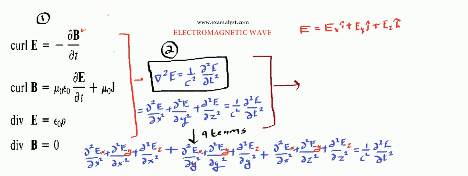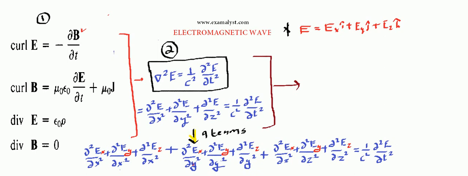This wave equation is really a big one because your Laplacian is del x square, del y square, and del z square. Agreed? But the story doesn't end here. If the electric field has three components, then this equation can have a total of 9 terms on the left hand side, and these 9 terms are written here below.